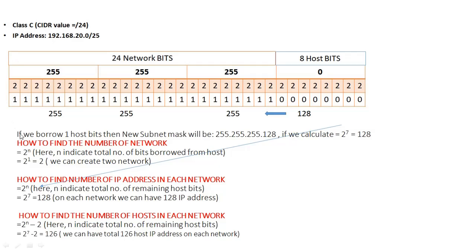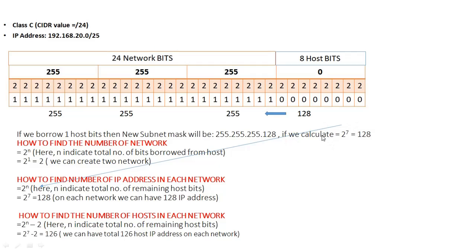Now if we borrow 1 host bit, then the new subnet mask will be 255.255.255.128. You already know that the default subnet mask should be 255.255.255.0, but you can see it's different here. It's because we borrowed 1 bit from the host to the network.